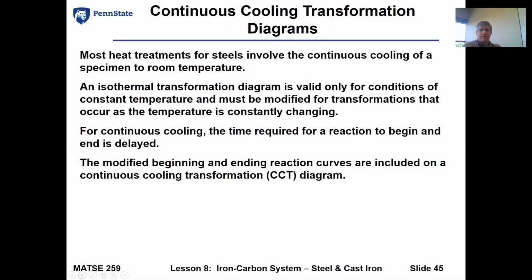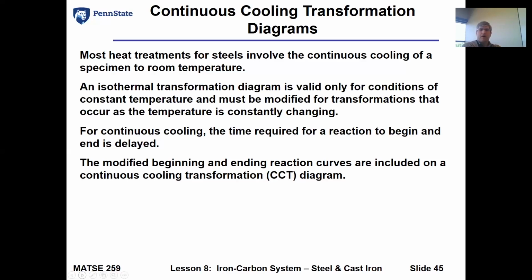In continuous cooling, what we tend to see is, because we're not holding it at a single temperature, the time required for the transformation to actually begin and end, we consider it delayed. It takes longer because we're not holding it at that temperature. The kinetics tend to be slowed down because we're not holding it at these specific temperatures for very long, for the same lengths of periods of time. And so we end up modifying.